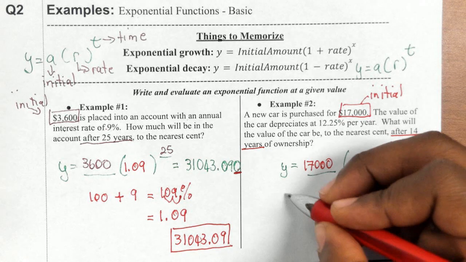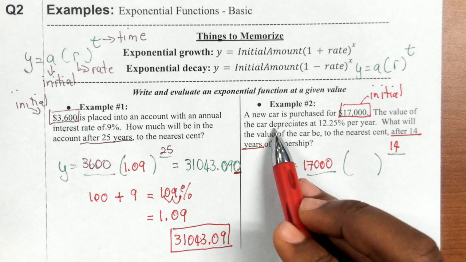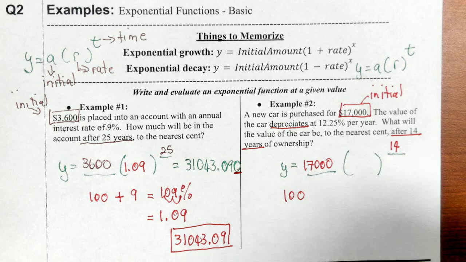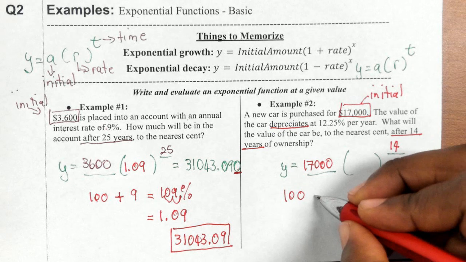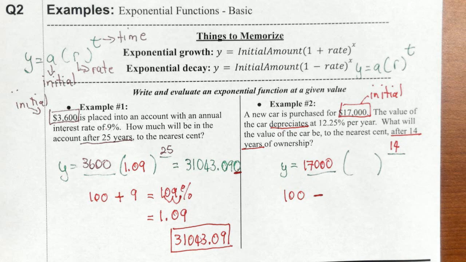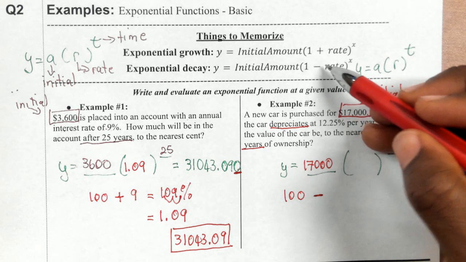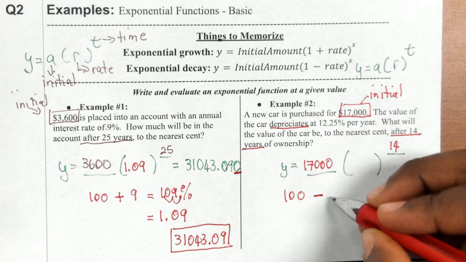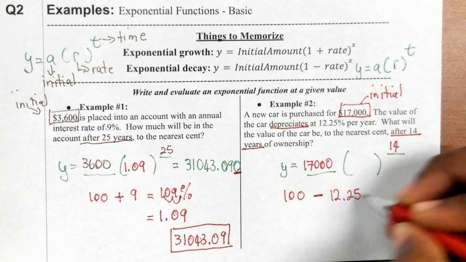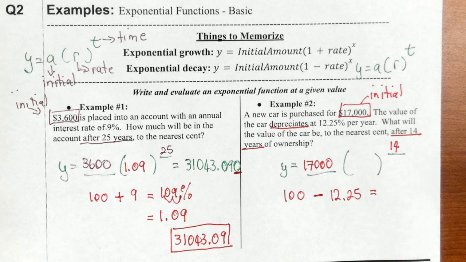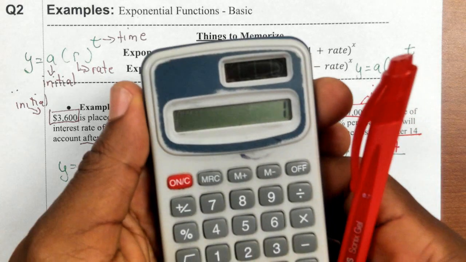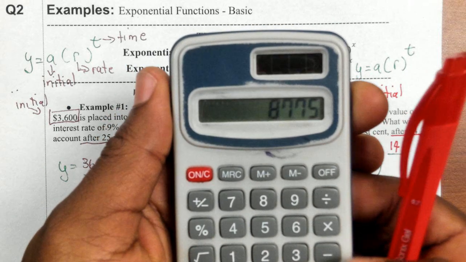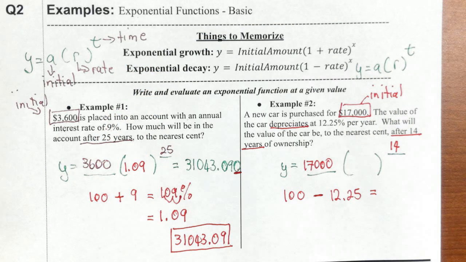So we always start with 100% because we're depreciating. Depreciate sounds like decrease, so that means you're going to subtract, okay? So you can use this method also. I'll show you how to use this method also, okay? So we're going to subtract 12.25%. So 100 minus 12.25 will give me 87.75, okay?